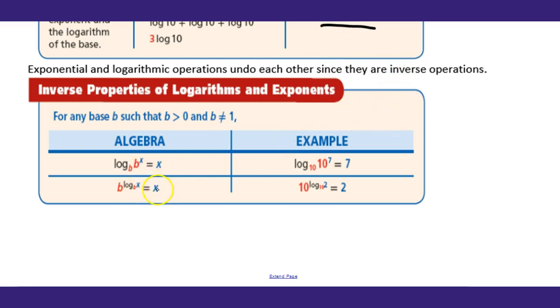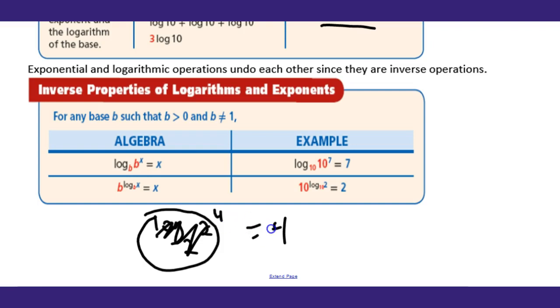For example, if I had log base 2 of 2 to the 4th, the exponent and the base undo each other, so the answer is 4. See how in this example, log base 10 of 10 to the 7th, they undo each other, so it equals 7.